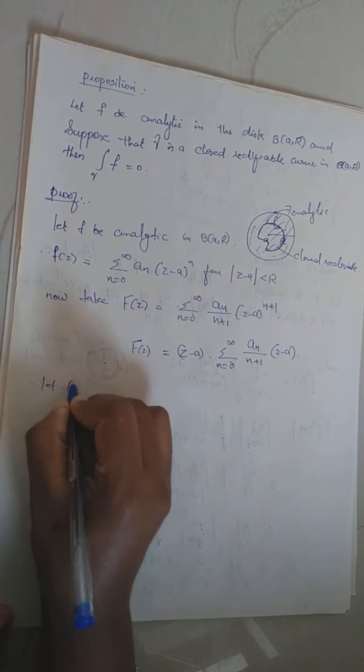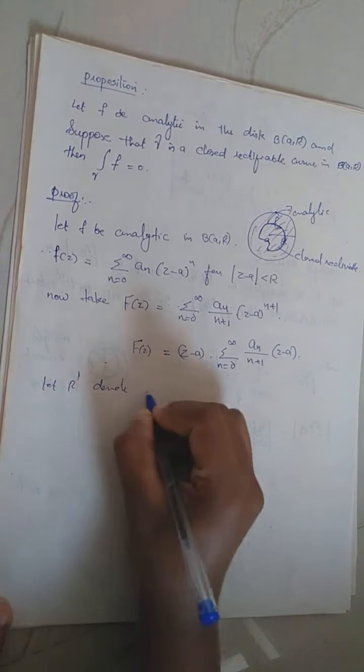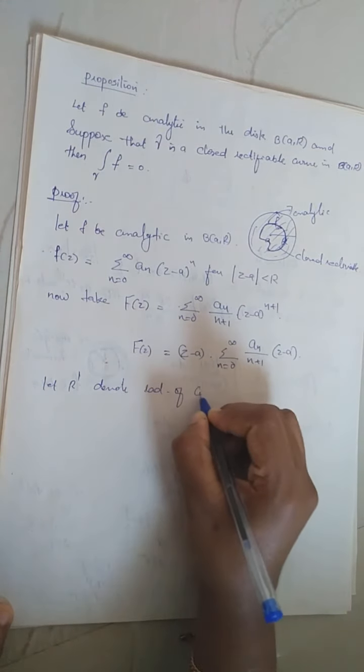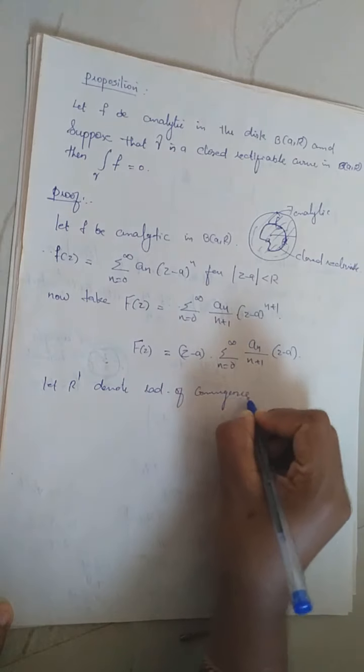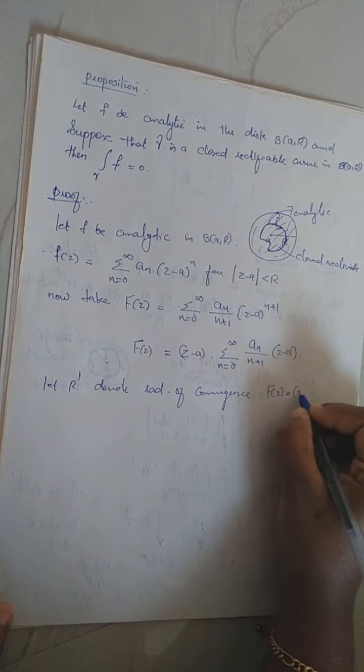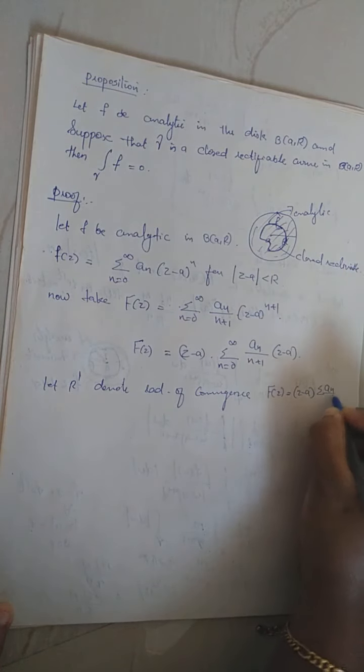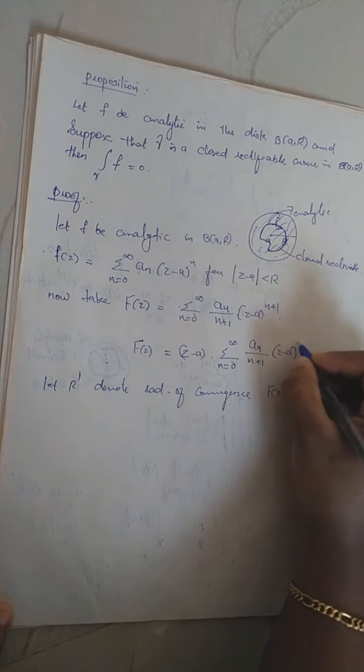Now we consider the radius of convergence of the power series of F(z). Suppose R dash denotes the radius of convergence of the power series of F(z), which is (z minus a) into sigma a_n by (n plus 1) (z minus a) raised to n.